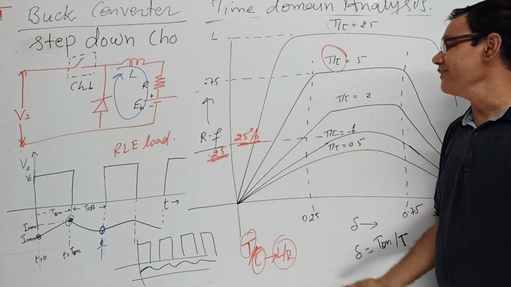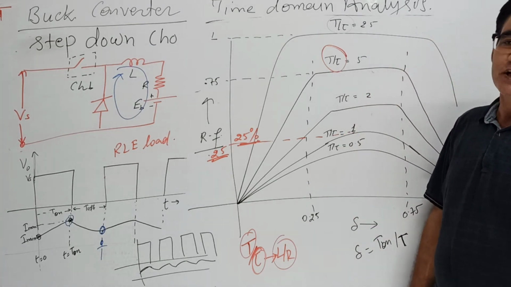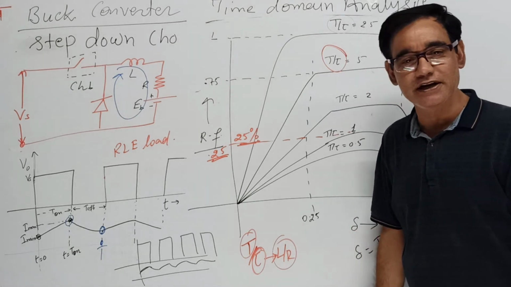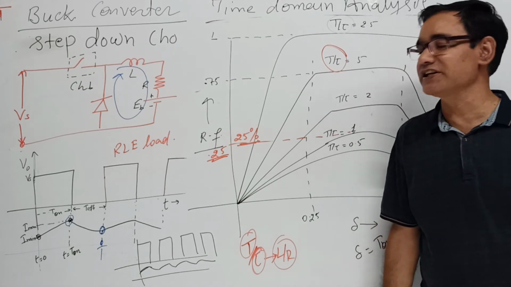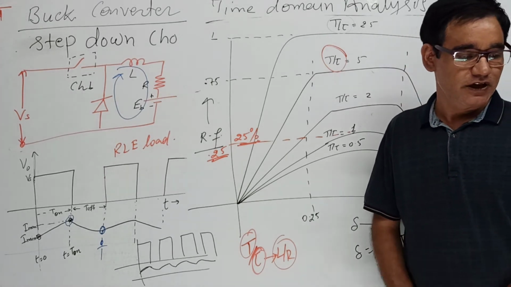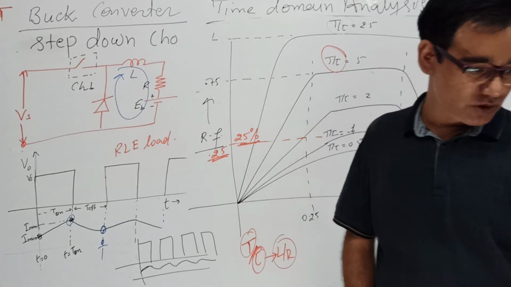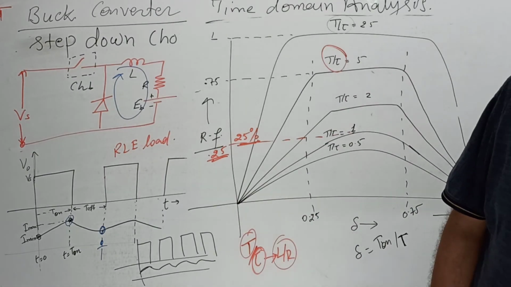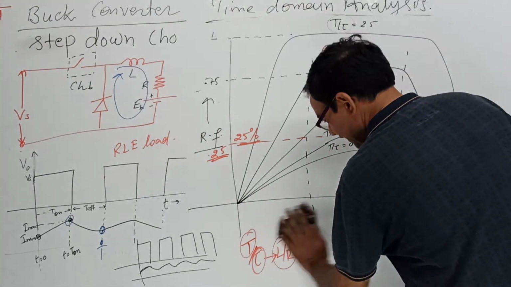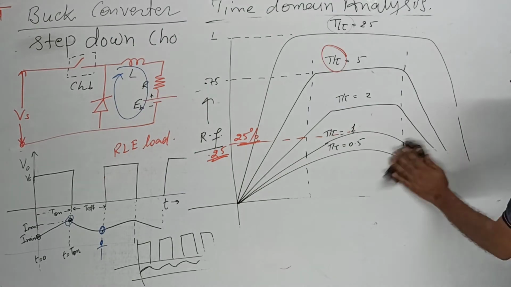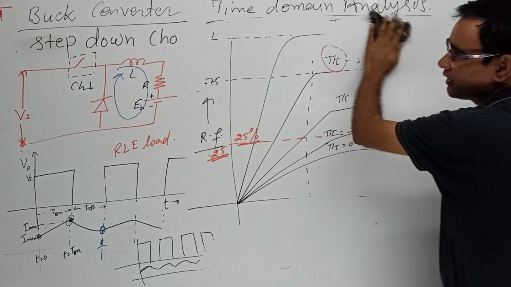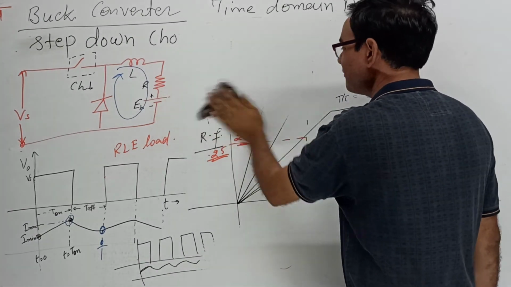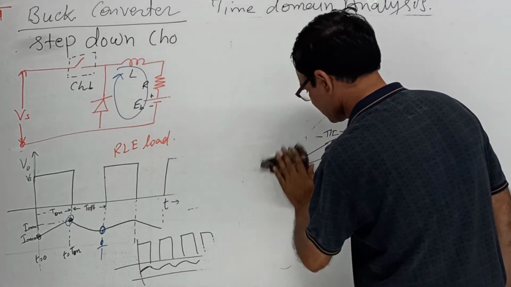So this is the way we analyze the ripple content and the variation in the current as per the output voltage equation. So this is the time domain analysis of the buck converter.